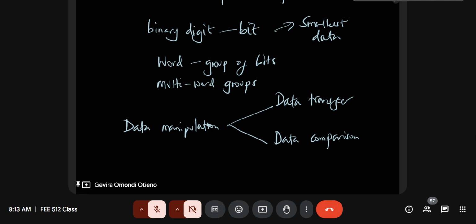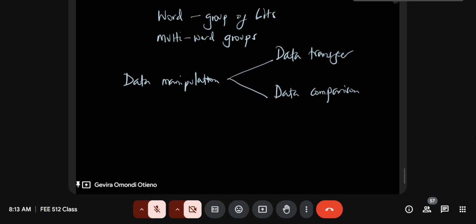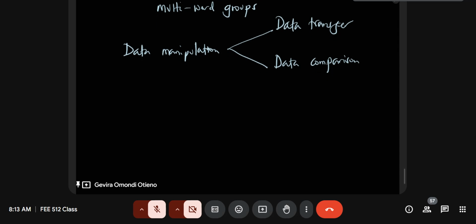And data comparison, we'll look at it in the second segment of our discussion, which will allow us to understand that data comparison has a lot to do with logical operations and math functions. This is where we do data conversions and logical operations.